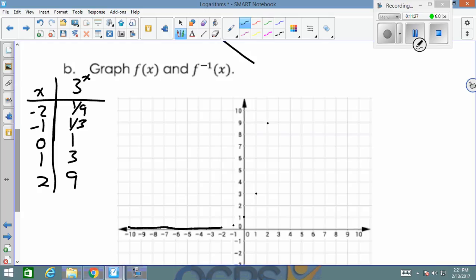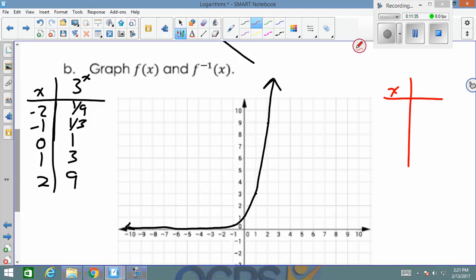We have a horizontal asymptote here. Okay, no, x equals 0. Now, if I wanted to graph the inverse of it, which would be the log base 3 of x, all these points would switch around. So it would be 1/9, negative 2; 1/3, negative 1; 1, 0; 3, 1; and 9, 2.